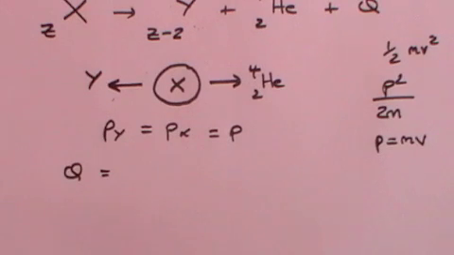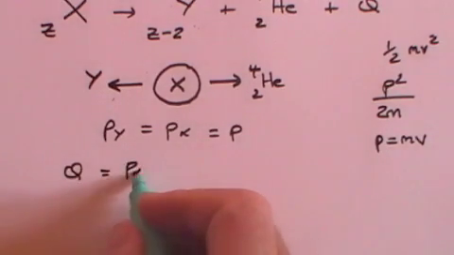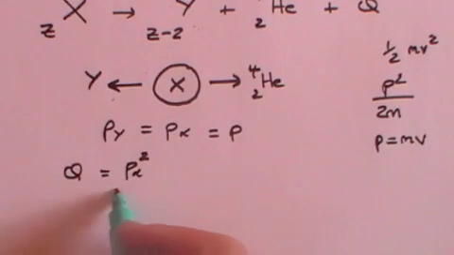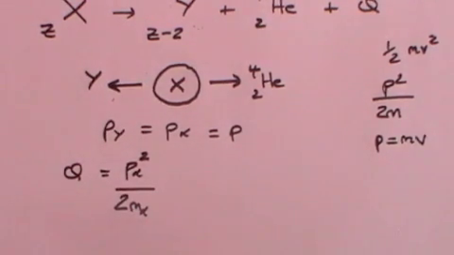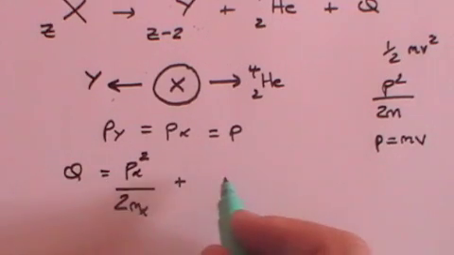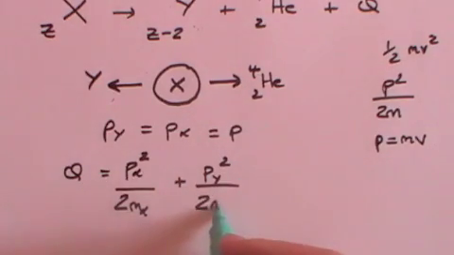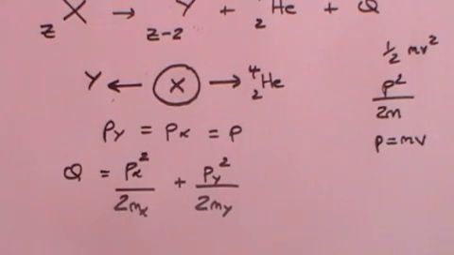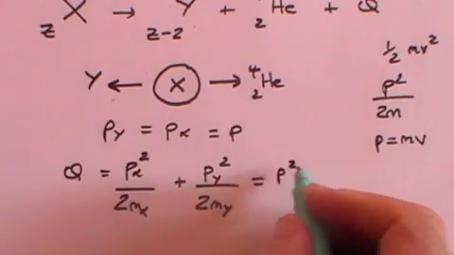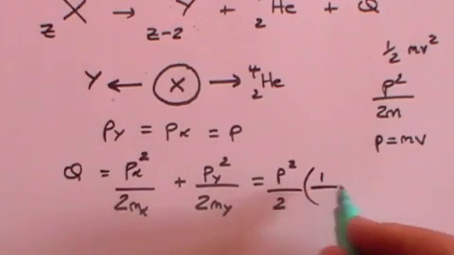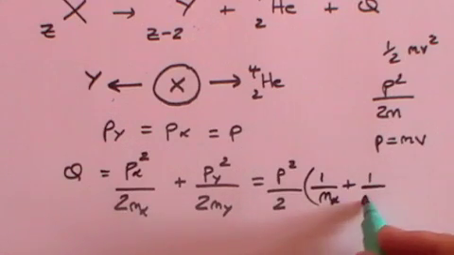So the kinetic energy of the alpha particle will be the momentum of the alpha particle squared divided by 2m alpha, where m alpha is the mass of the alpha particle, plus the kinetic energy of the Y nucleus, which is Py squared divided by 2my, where my is the mass of the Y nucleus. And since Py equals P alpha equals P, this is simply P squared over 2 into 1 over m alpha plus 1 over my.